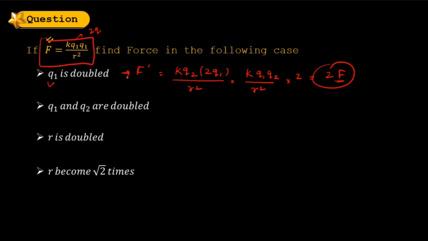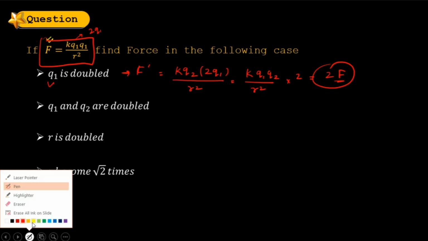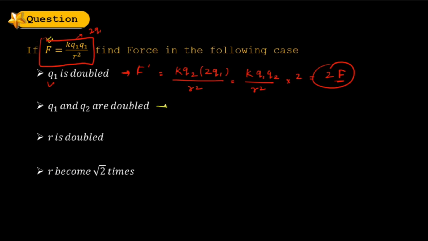Next part says: what happens if Q1 and Q2 both are doubled? Now I guess you can answer it. If Q1 and Q2 both are doubled, what will happen to the force? Tell me. I'm simply asking, if Q1 becomes 2Q1 and Q2 becomes 2Q2, what will happen to the net force?